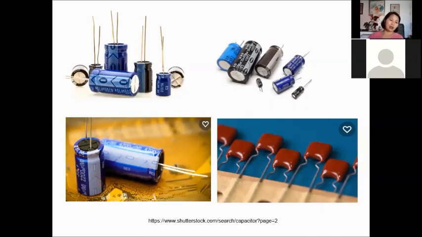Now, notice na merong polarity ang capacitor. Indicated dito kung saan ang positive leg, positive terminal, negative leg, shorter. Another, mabasa nyo sa body ng capacitor, yung value ng capacitance. Like we have 2,200 microfarad. And we also have 4,700 microfarad capacitor.